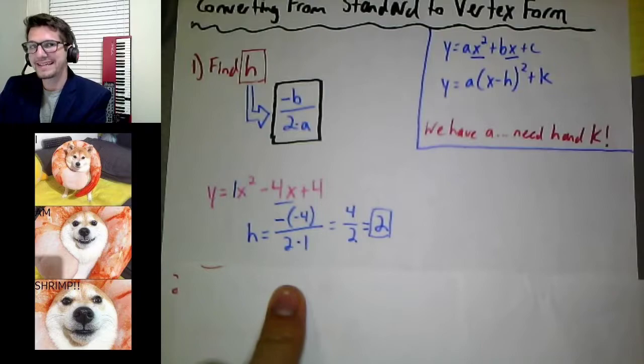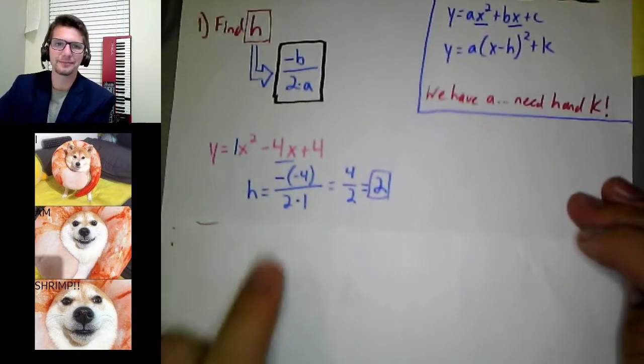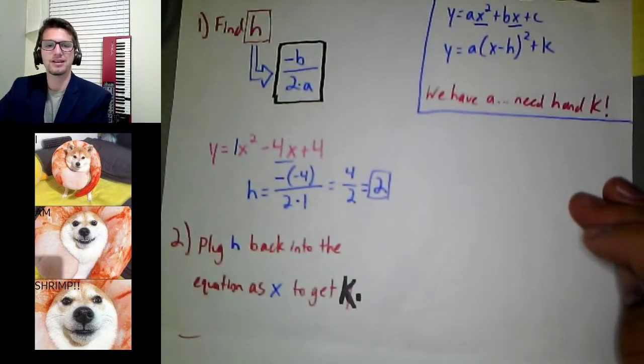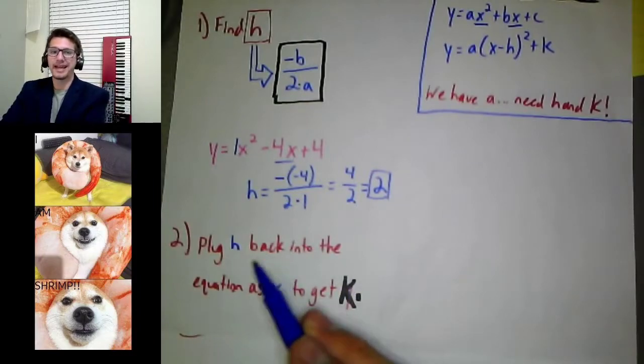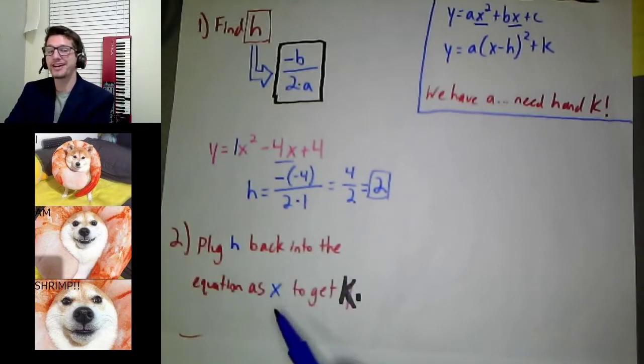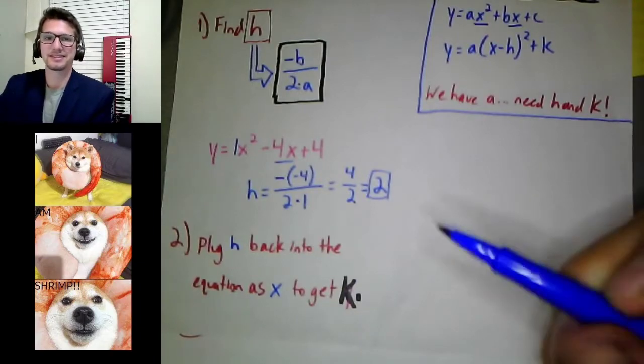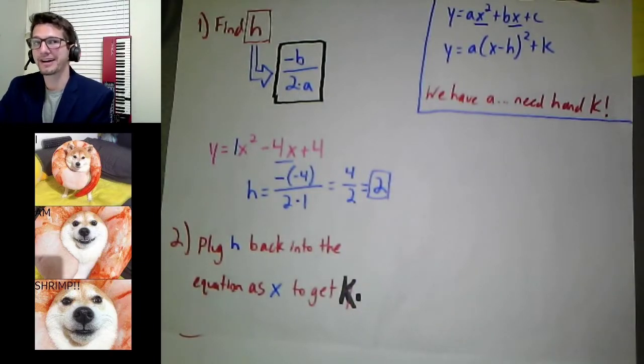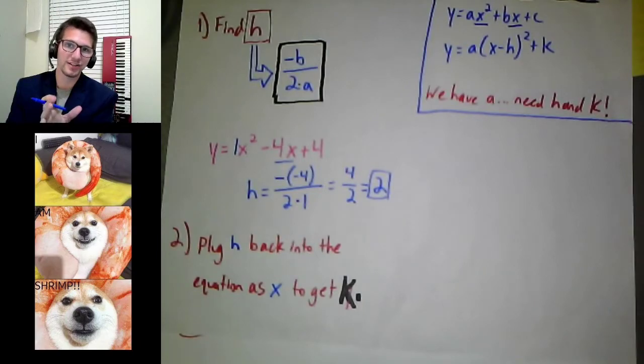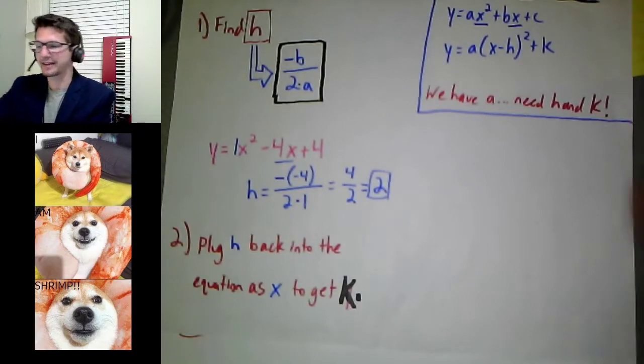I need to find my k now. So how do we get k? Step 2. To get k, we plug h back into the equation as our x value, because (h, k) is a point on this graph. If I plug in the x value, the h, then I get the y value, the k.